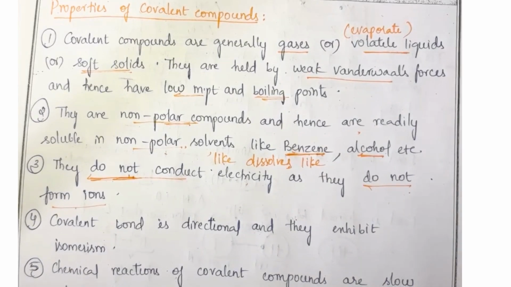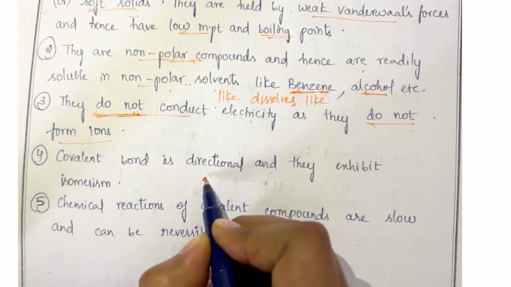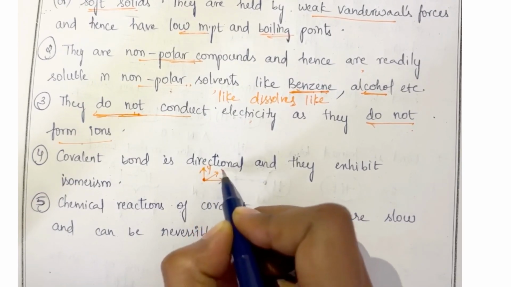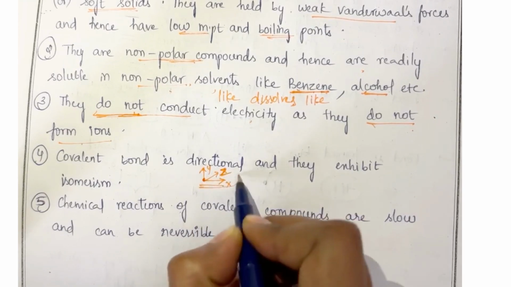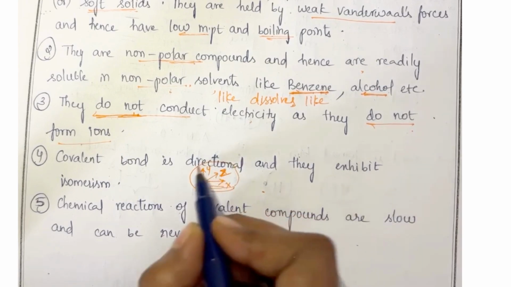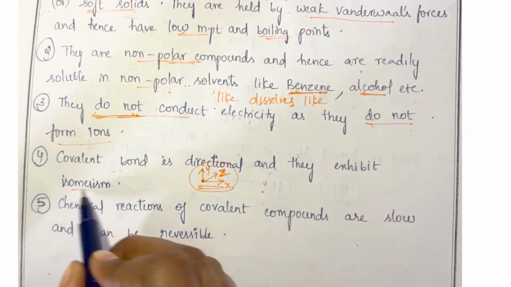Covalent bond is a directional bond. You can say in which direction, along x-axis or y-axis or z-axis, the bond is formed between the two atoms, we can say it clearly. So the covalent bond is directional bond and it exhibits isomerism.